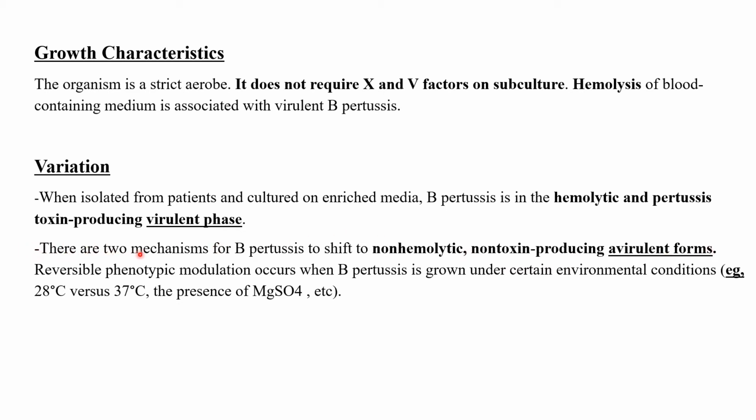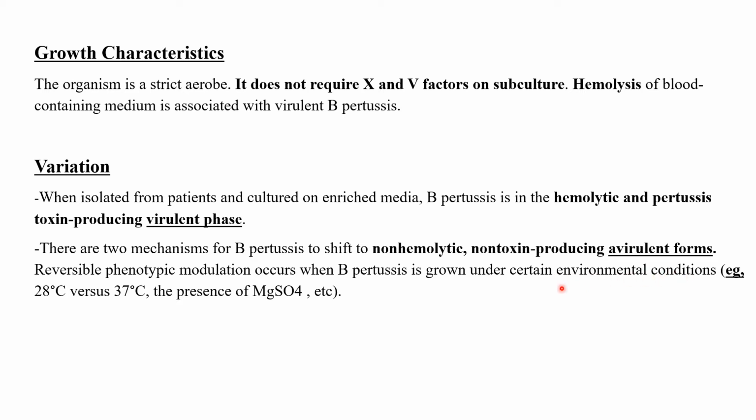There are two mechanisms for Bordetella pertussis to shift to the non-hemolytic, non-toxin producing avirulence phase. What are these mechanisms? Reversible phenotypic modulation occurs when Bordetella pertussis is grown under certain environmental conditions.